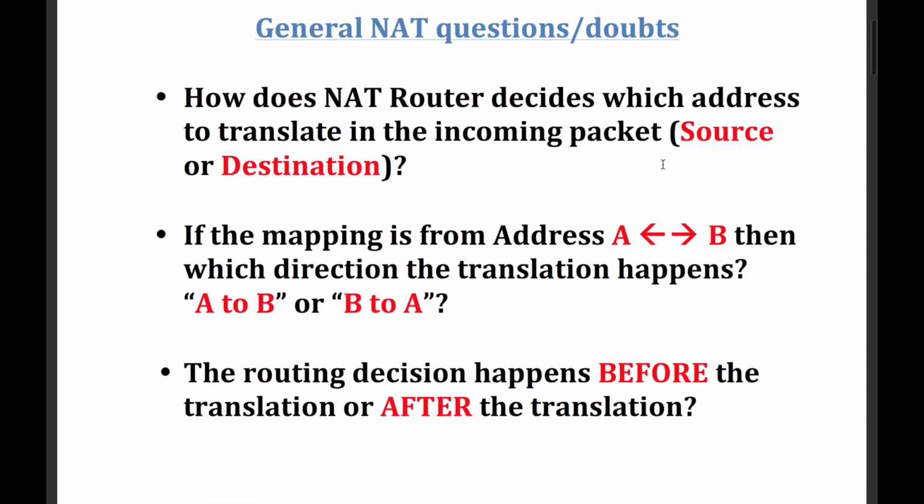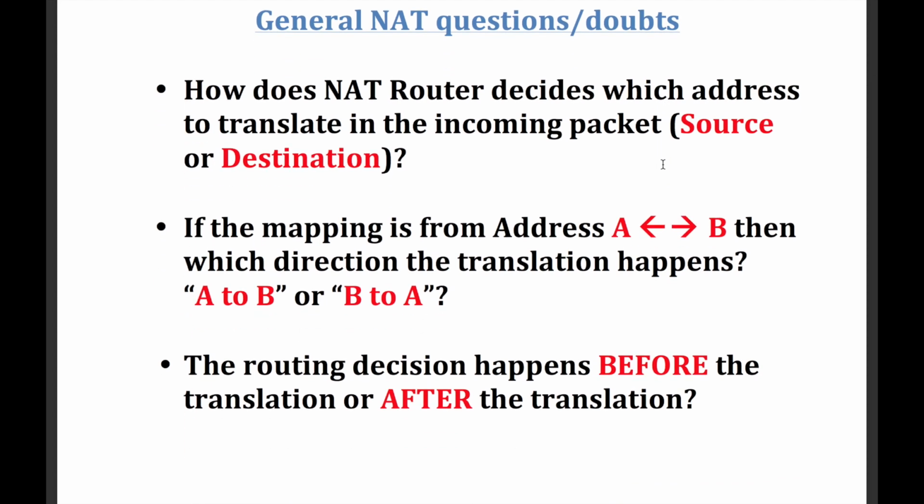So some general questions which come to mind are these. How does the NAT router decide which address to translate in the incoming packet, source or destination? Because every packet has two addresses, right? Source IP address and destination IP address. So we need to decide which IP we need to translate. And second, every IP address is actually mapped from A to B. There are two IP addresses.